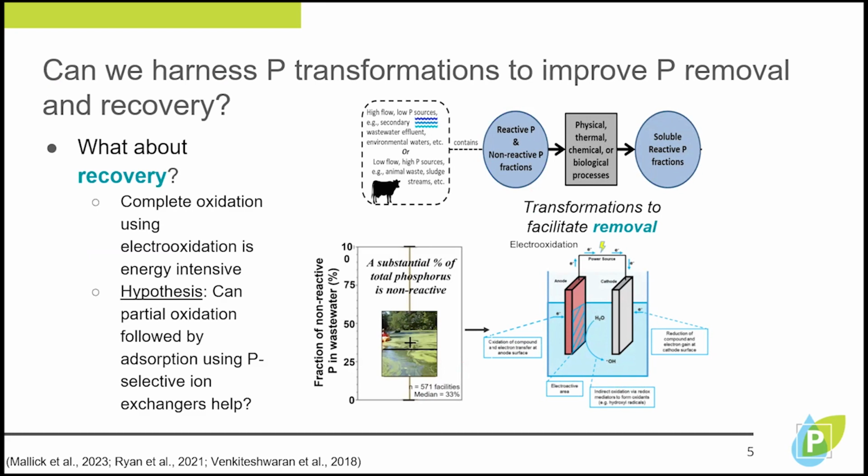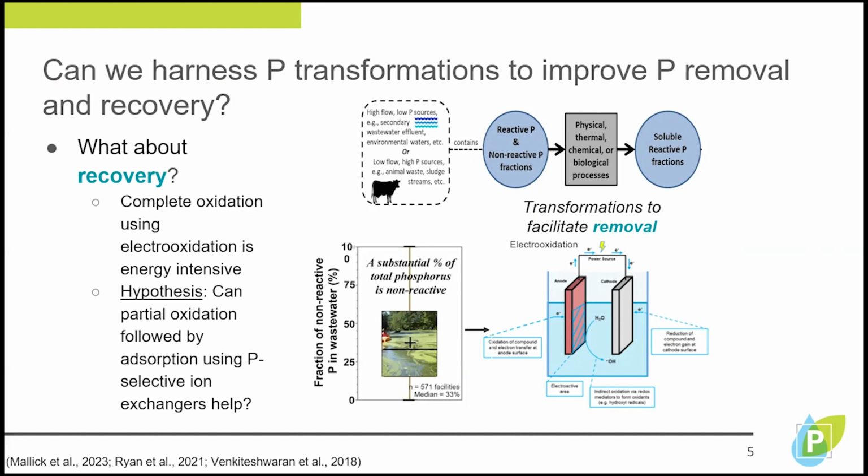But past that, we're really interested in the circular economy. So great if we can remove it. This is environmental protection. It's awesome. But is there also a way to recover that phosphorus? Some of the things we'd looked at had shown that electrooxidation can do this transformation. But if you go all the way to reactive orthophosphate, it's pretty energy intensive. So you're probably not going to operate the process just for that goal.